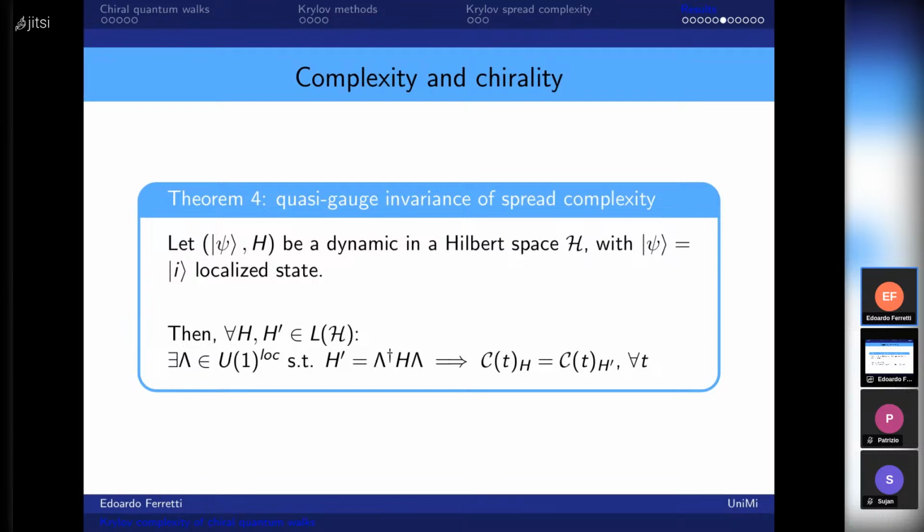So the complexity didn't change, and that's what made me realize that in this case we have quasi-gauge equivalence that prevents us from changing the value of the complexity, because you can always read your Hamiltonian as a circulant Hamiltonian with phases equally spread.